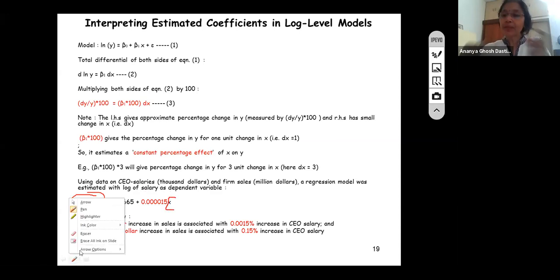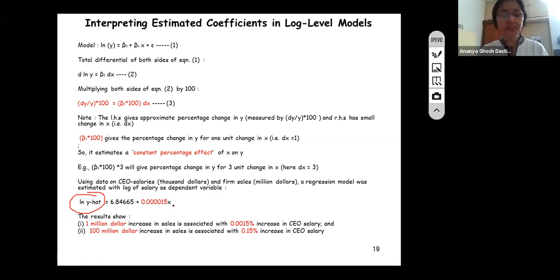And how do I go about interpreting the result? I take the beta hat and multiply it by 100. What does that give me? It gives me a percentage change in Y for a unit change in X.